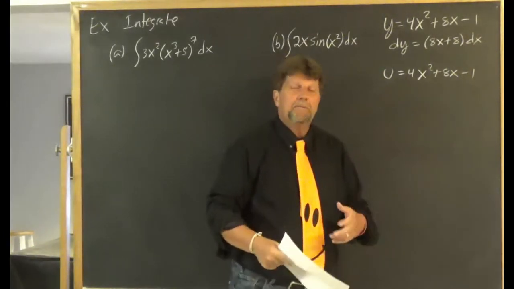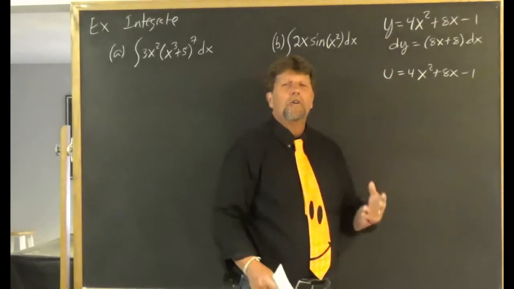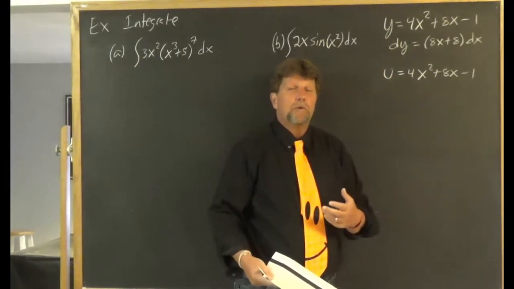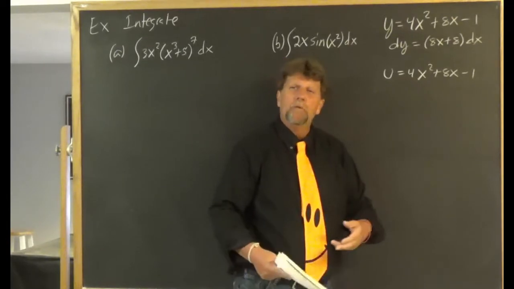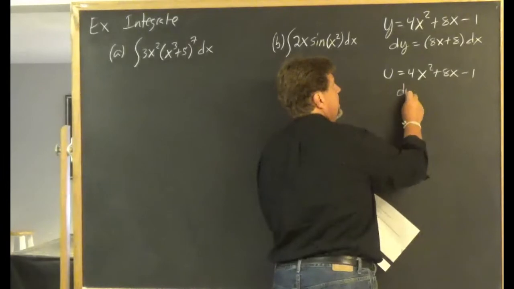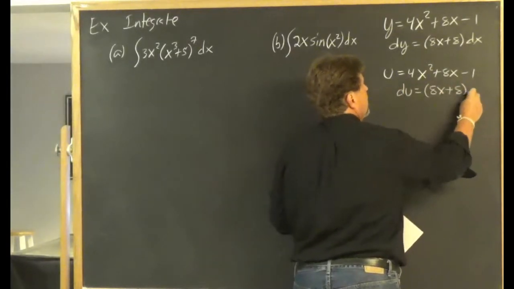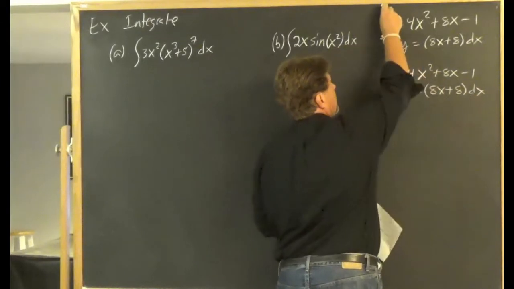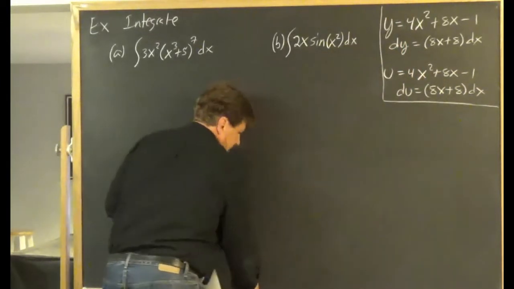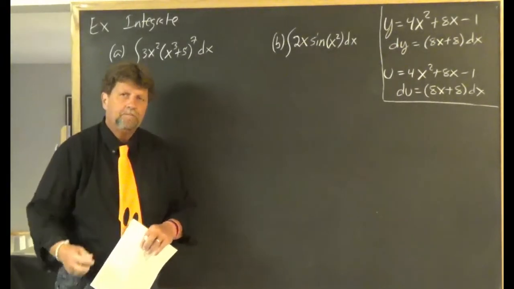But that concept doesn't change if instead of a y, it's called u. The only thing that changes is that the differential wouldn't be dy, it would be du. So here, it would be du equals 8x plus 8 dx. Wanted to review that because that's an important piece on this process called U-Substitution.